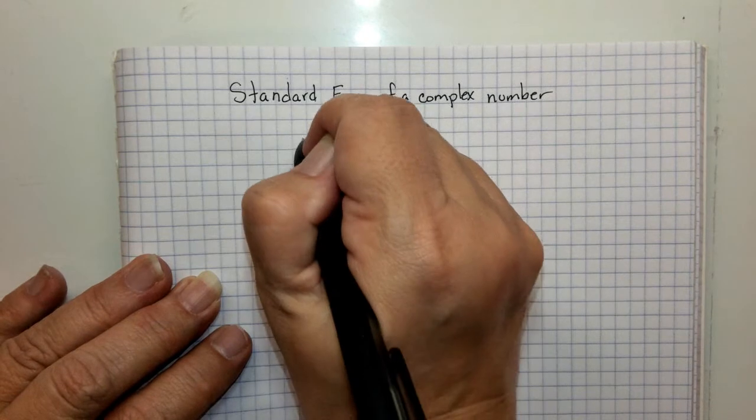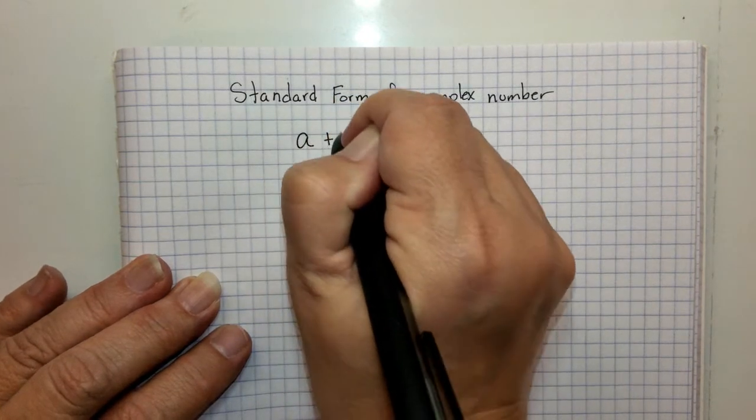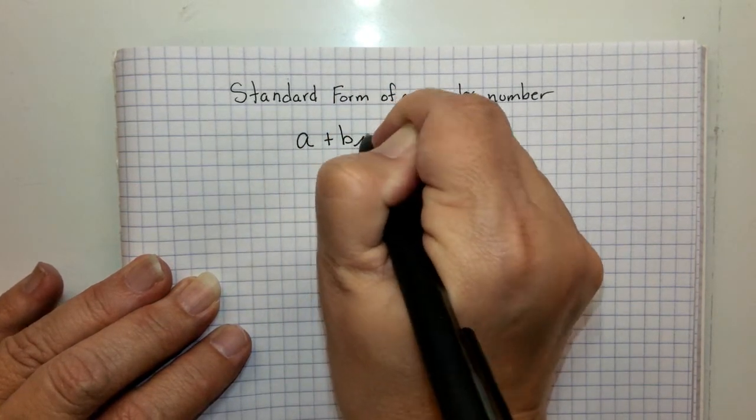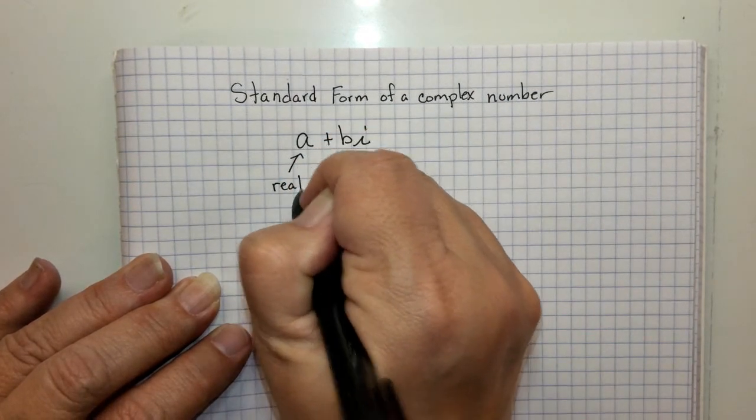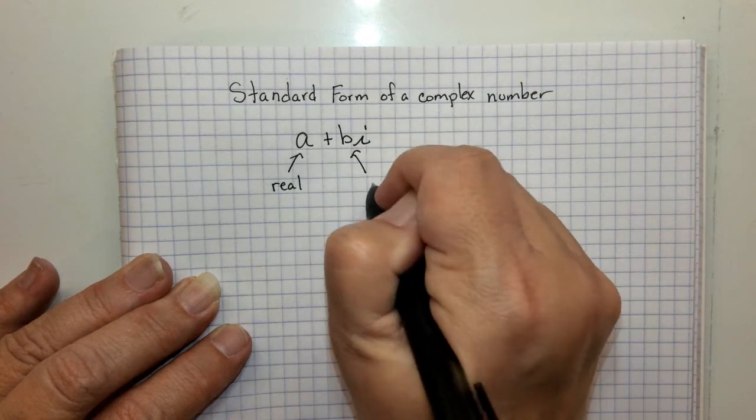Our complex numbers are written in the form a plus bi. This is our real number part. This is our imaginary number part.